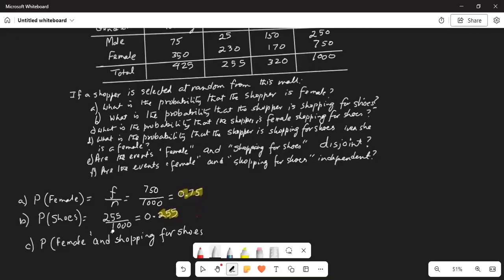You can write this as the probability of female intersection shopping for shoes, where the intersect is shown in statistics by the intersection symbol, the intersection of the two categories, female and shopping for shoes.